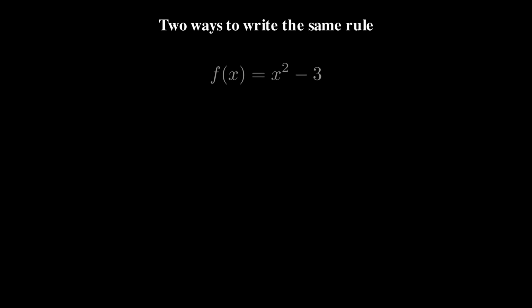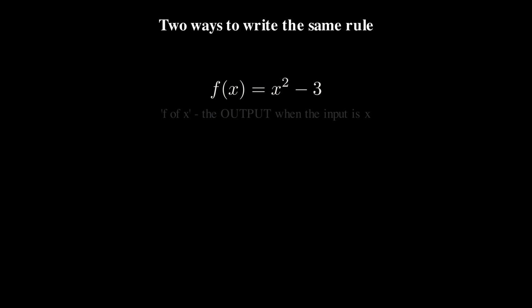2 bits of notation now, and they mean the exact same thing. The first is f of x equals x squared minus 3. Here, f is the name of the function, and f of x is the output you get when the input is x. The x in the bracket is a placeholder. Whatever you drop in there, the rule acts on.